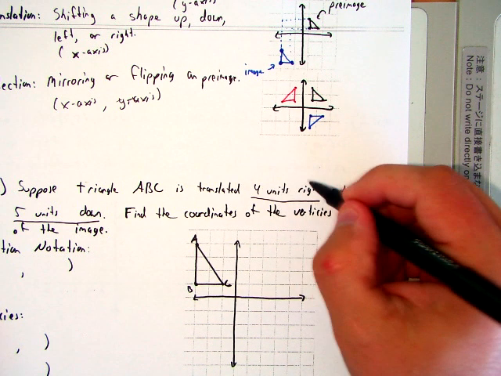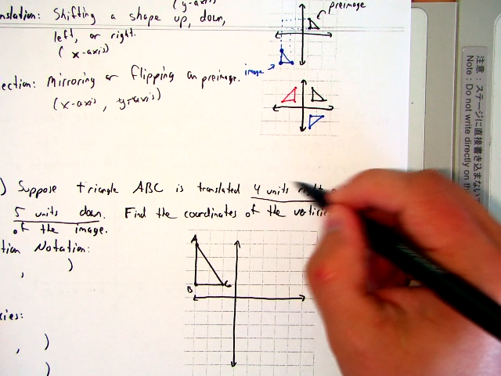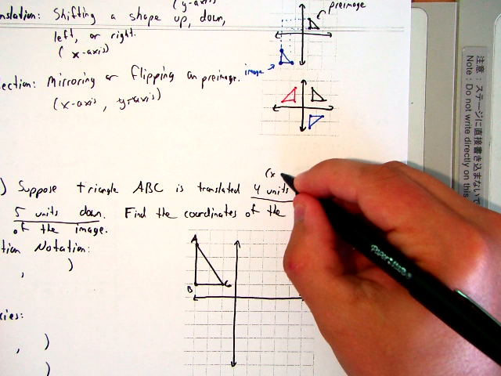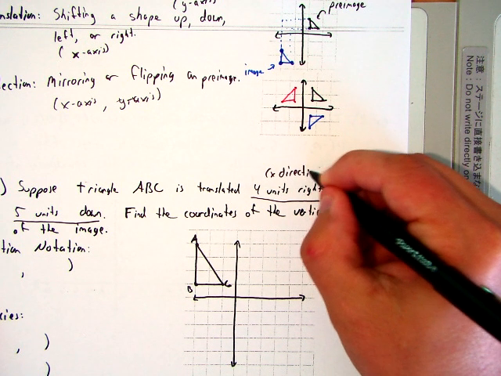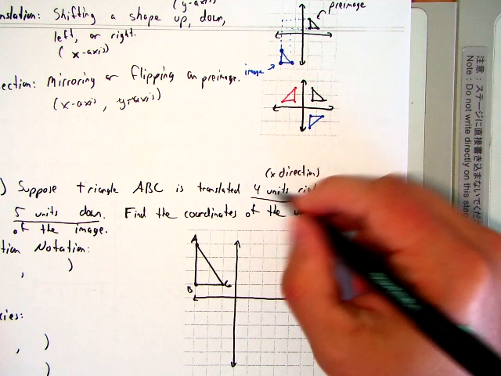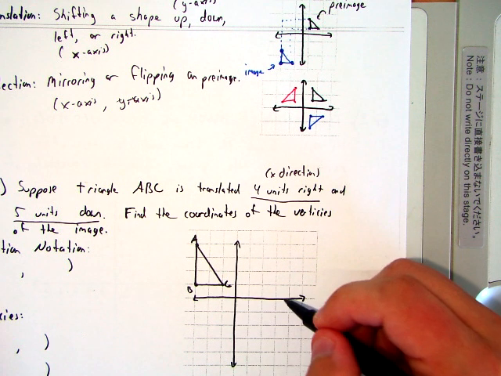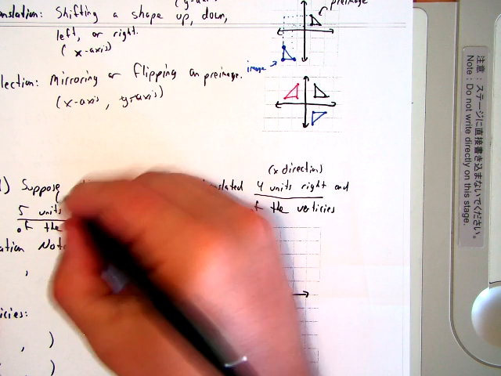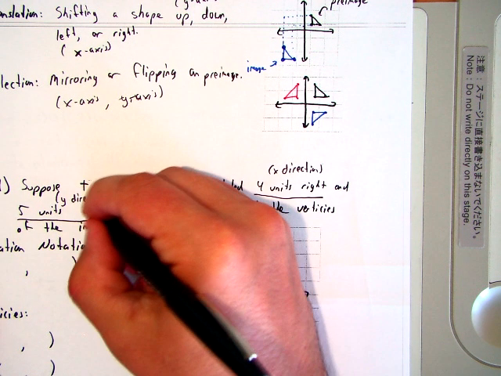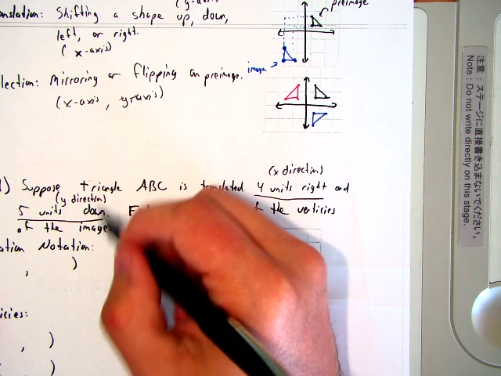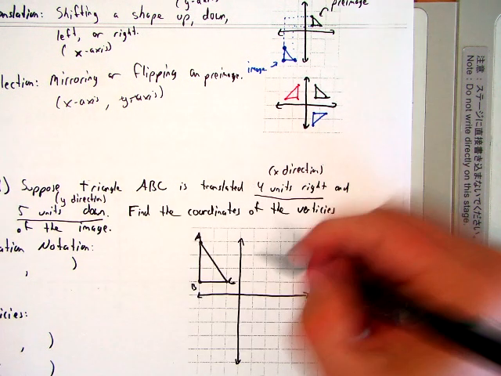Now, along this translation here, 4 units to the right, this is going to be in the x direction, because right and left is along the horizontal, and the x-axis is the horizontal axis. 5 units down, this is in the y direction. Again, because up and down is vertical, and the y-axis is the vertical axis.